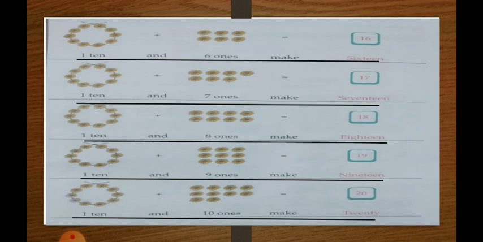But when we make a group of 10, we say it as 1 ten. And when we call it 1 ten in counting, we use it as a 10. If 1 ten is there, we will count after 10, because it is 10 objects in a group.